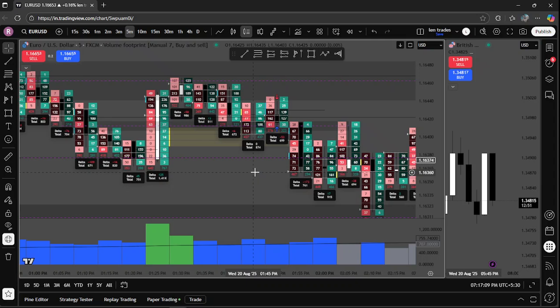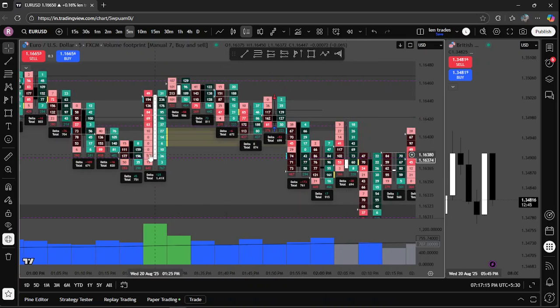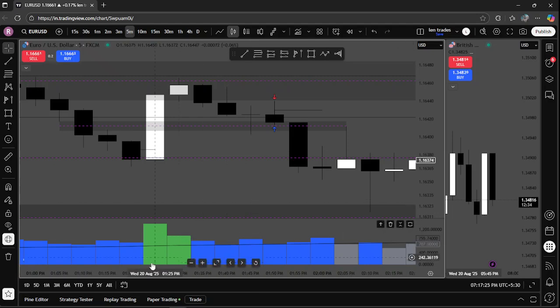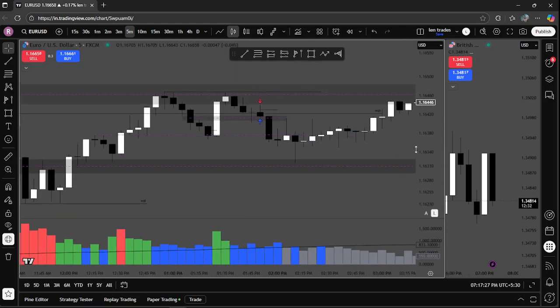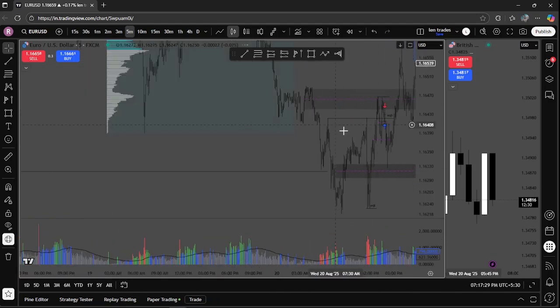So look at this. All of these are stops. So price has a natural tendency of filling all these zeros in the market. So there was volume, then there was displacement, and now you are going to enter into the price.